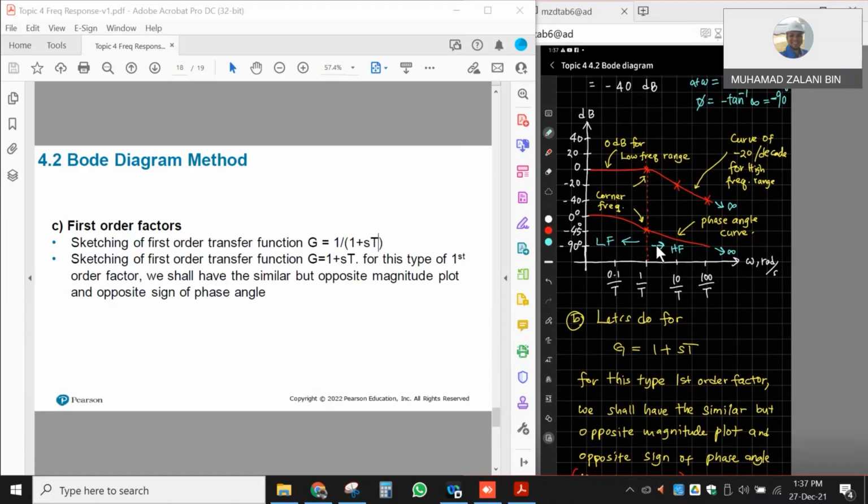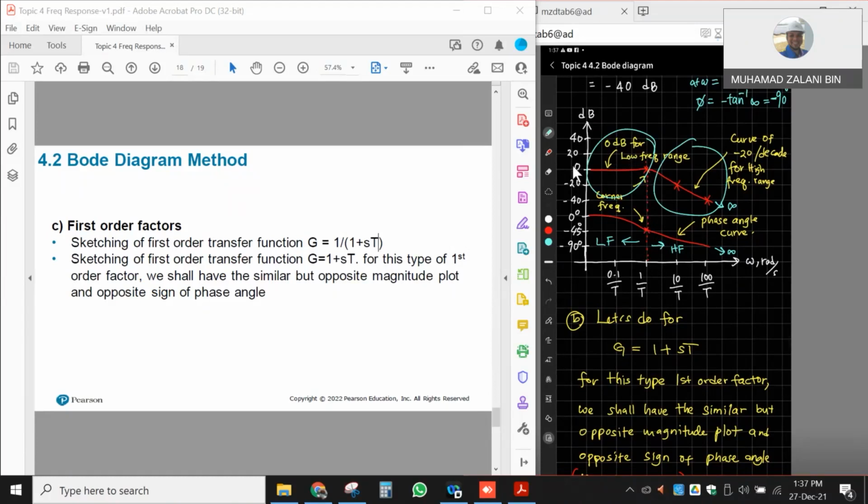But make sure you keep the line of the corner frequency at 1 over t, because the corner frequency is 1 over t. So this range is the low frequency range of the magnitude, and this is the high frequency range of the magnitude.